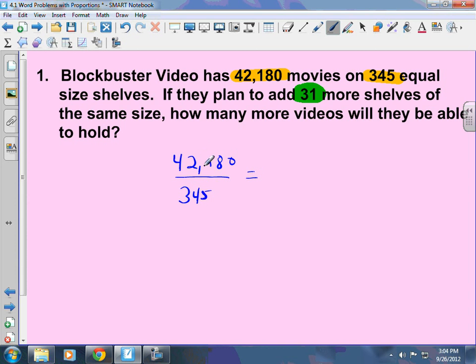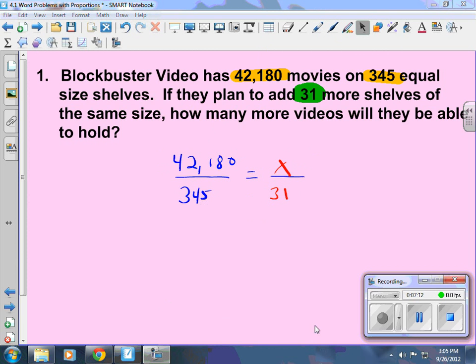Those 2 things go together. Movies on shelves. Now I'm going to set that equal to another fraction. And here I'm adding 31 shelves, so I set that up. And how many movies will fit on 31 shelves? I don't know. So my first proportion, movies to shelves. My second proportion, movies to shelves.